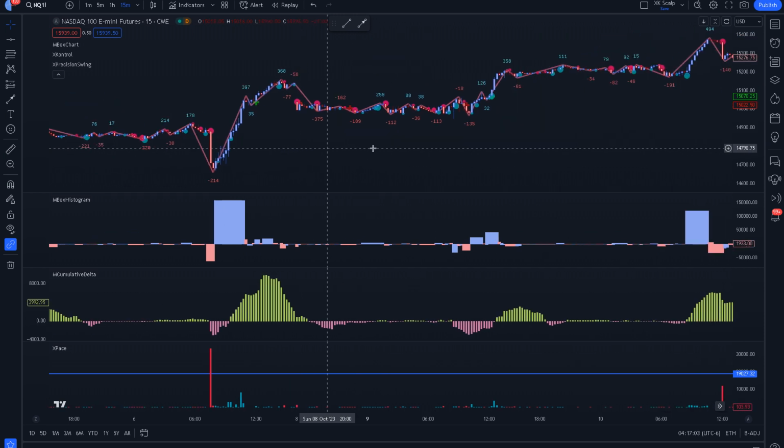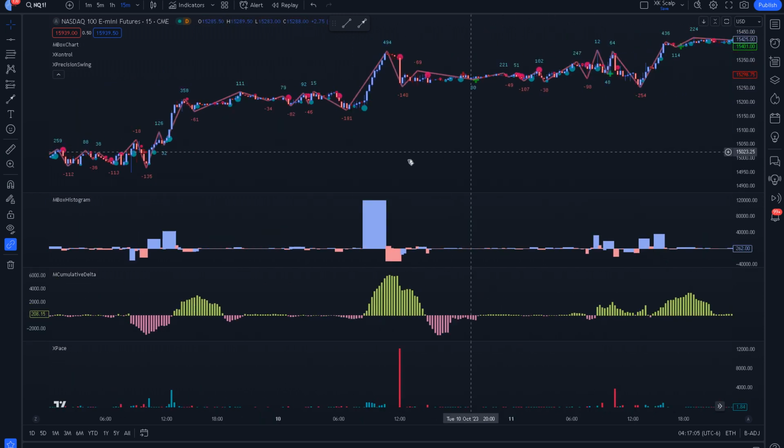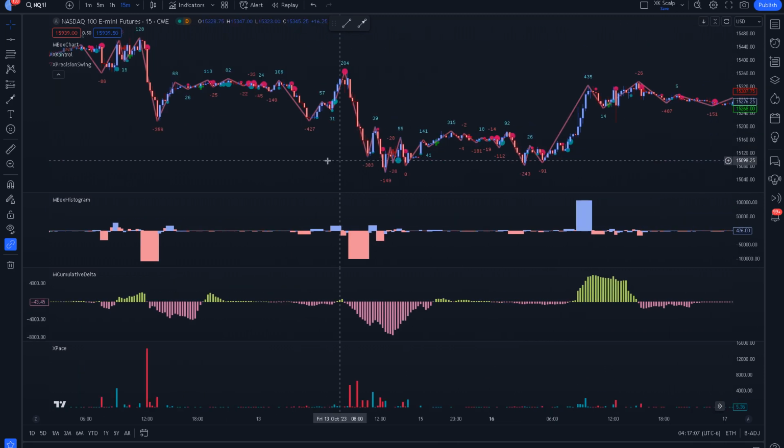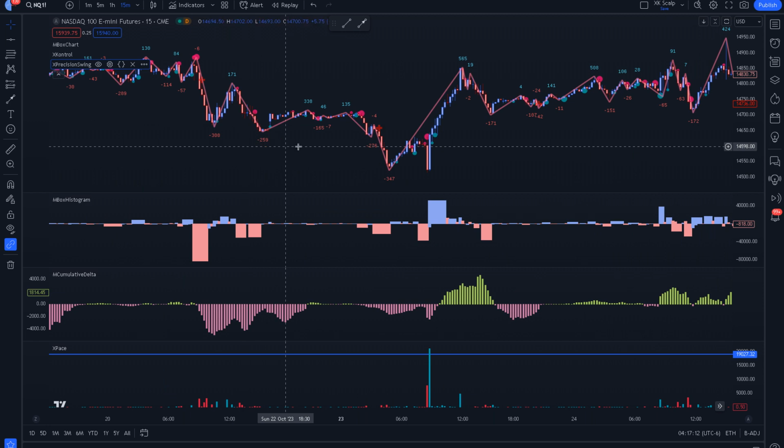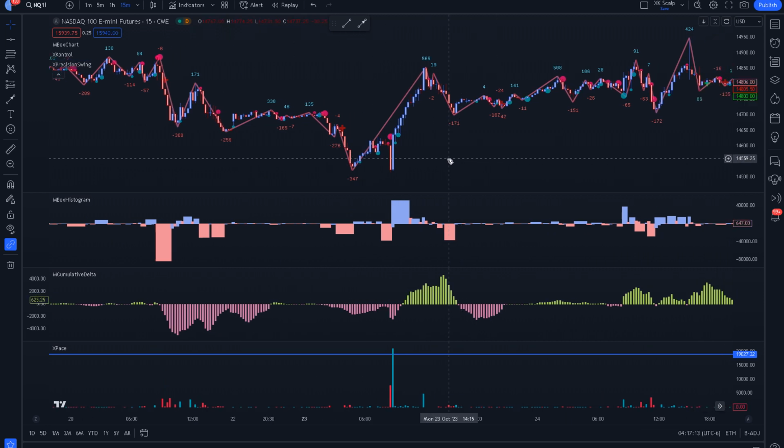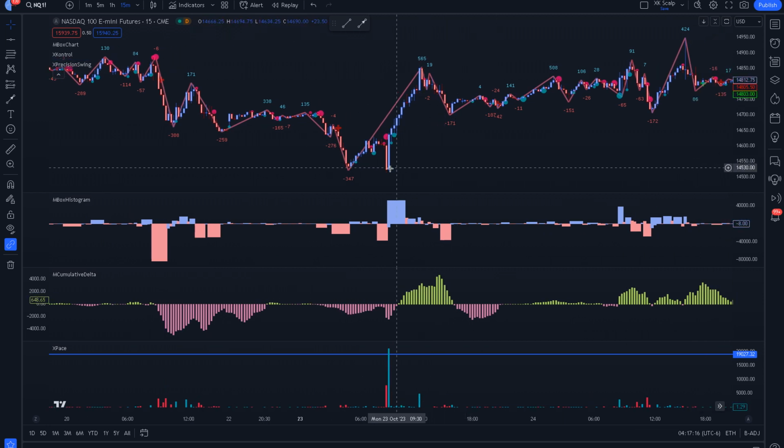Let's go on to the next one. We're skipping a lot. So here, this is an example of the start of the move, right? Here, we didn't get that nice accumulation that I like to see.